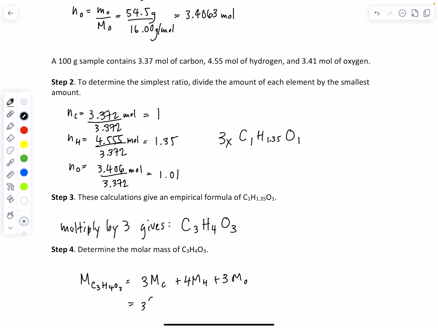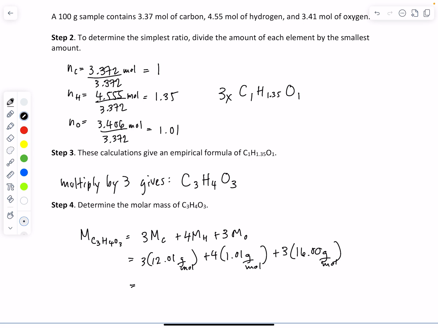So that's 3 times 12.01 grams per mole, plus 4 times 1.01 grams per mole, plus 3 times 16.00 grams per mole. And the molar mass of C3H4O3 is 88.07 grams per mole.